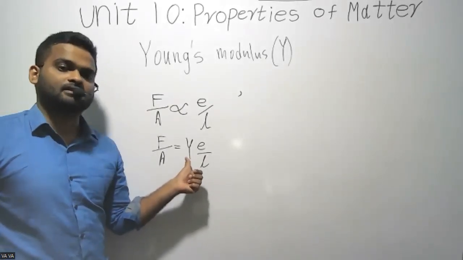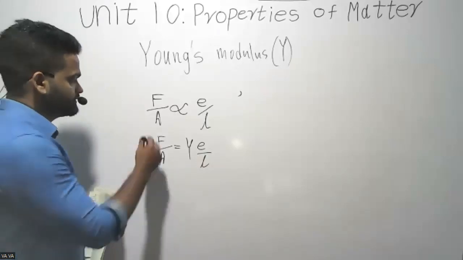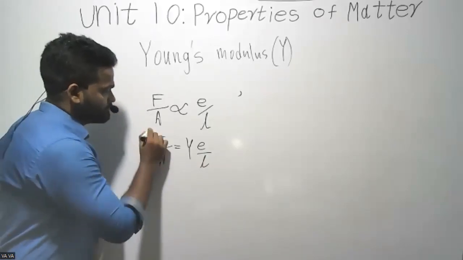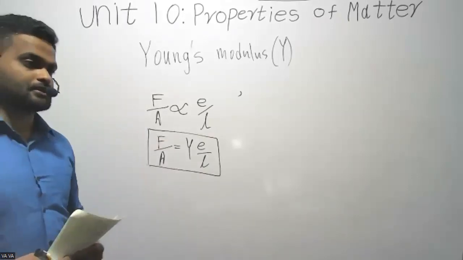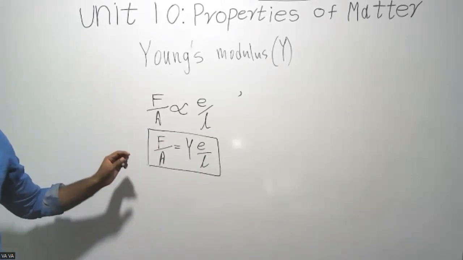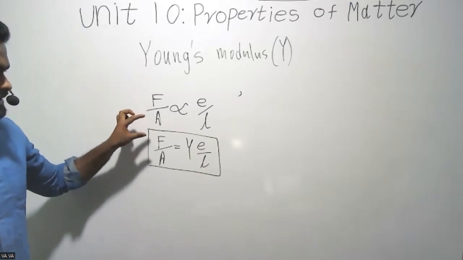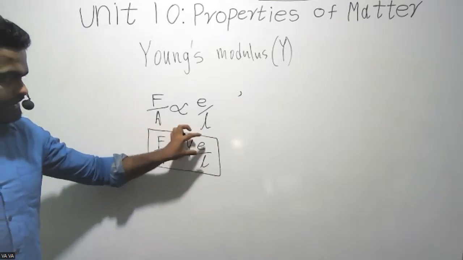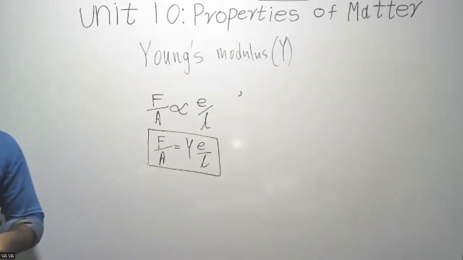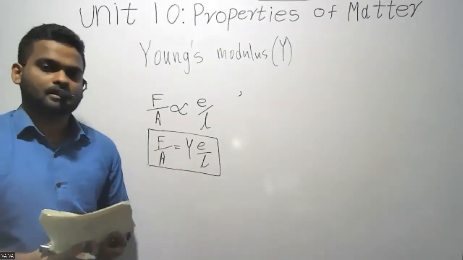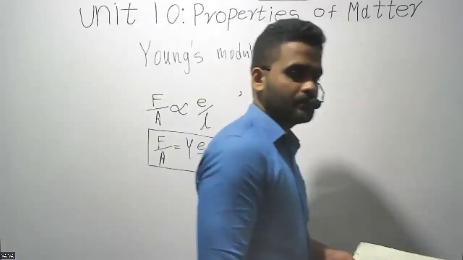That constant is the Young's modulus. So this is the main equation that you have to deal with: stress is equal to Y E over L. Take it down and draw a margin.